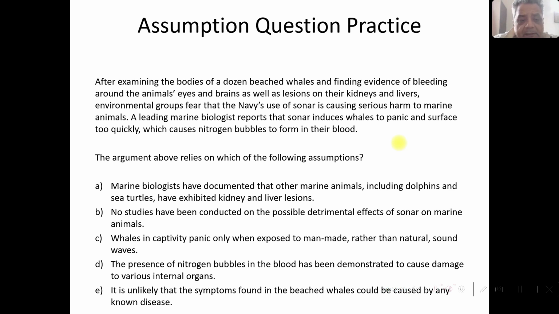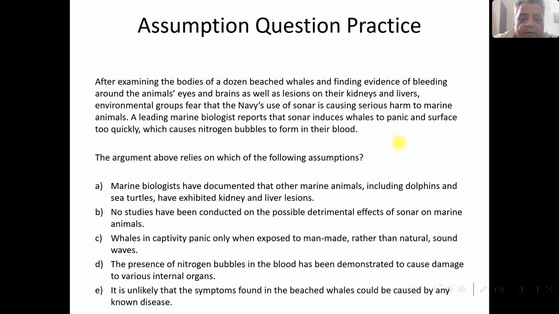So again, this option becomes irrelevant to the argument. And also, the man-made sound can be any other sound wave, right? It can be created by a ship's propeller, or maybe some plane going overhead. So it necessarily doesn't point to sonar as being the culprit. So C is also eliminated.